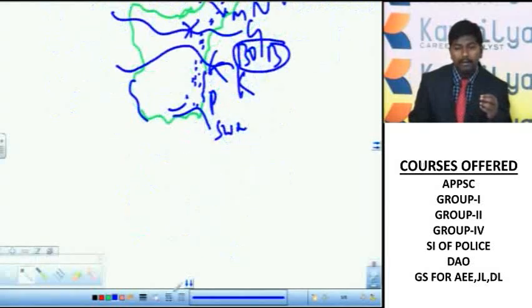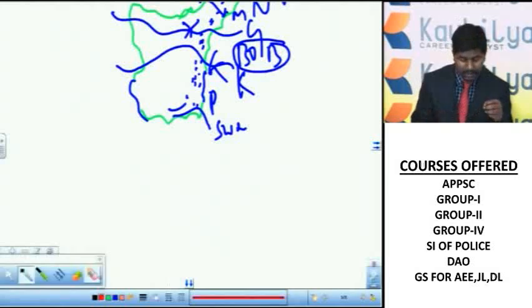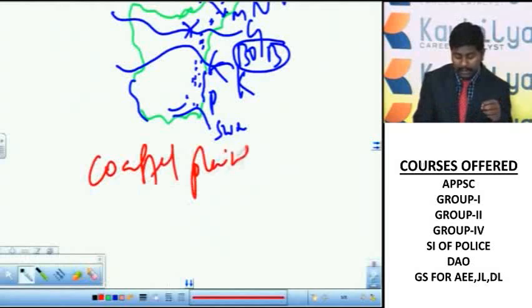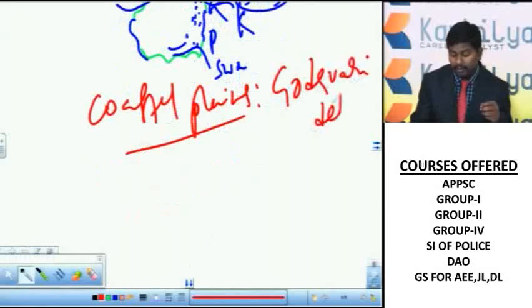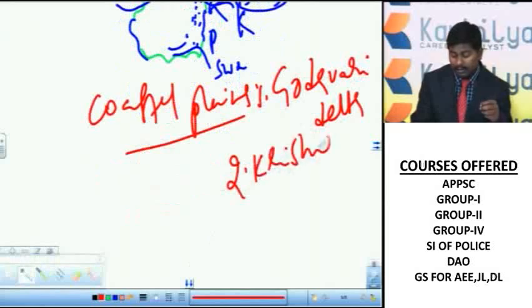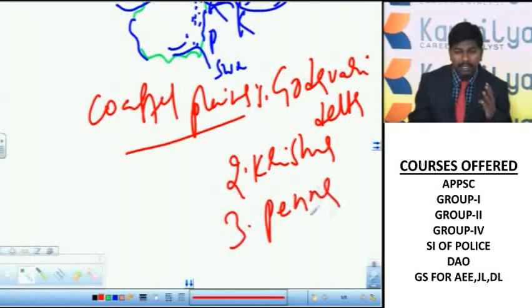Today, these coastal plains spread for a length of around 900 kilometers from north to south, and contain important deltas like the Godavari Delta, Krishna Delta and Penna Delta.